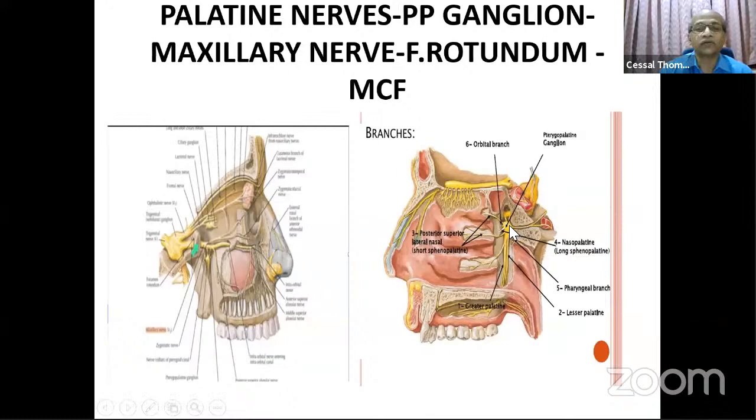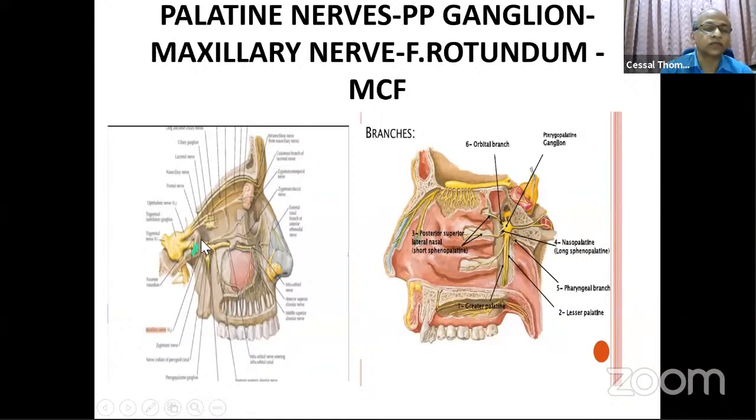And the maxillary nerve reaches here through the foramen rotundum, from the middle cranial fossa. Through the foramen rotundum, it reaches the pterygopalatine fossa, and the maxillary nerve continues as the superior alveolar nerve. So a lesion in the upper alveolar process can involve the superior alveolar nerve.